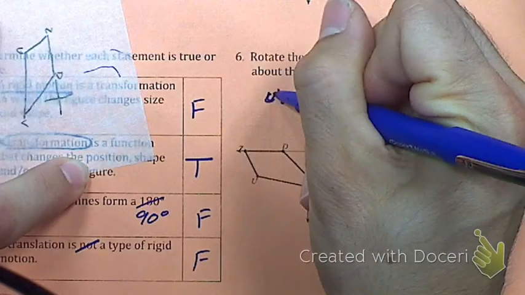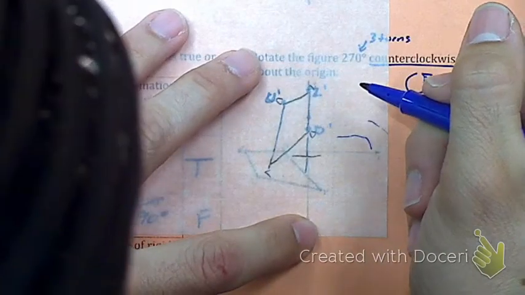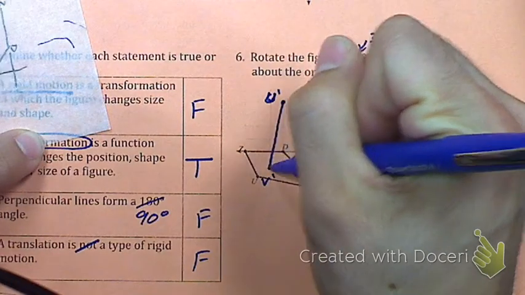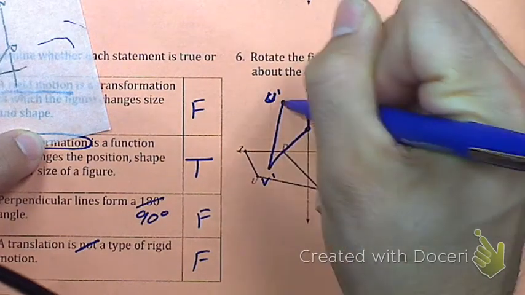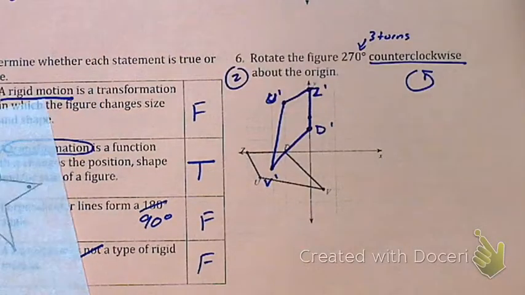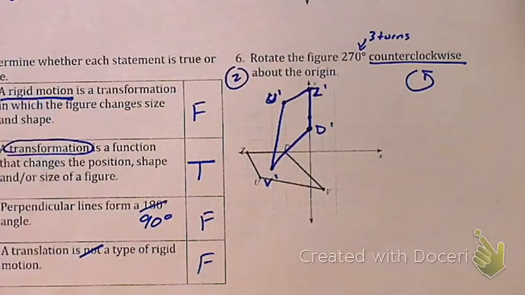That's a U prime. And V prime. Once again, 2 points. 1 for drawing it correctly, 1 for notation.